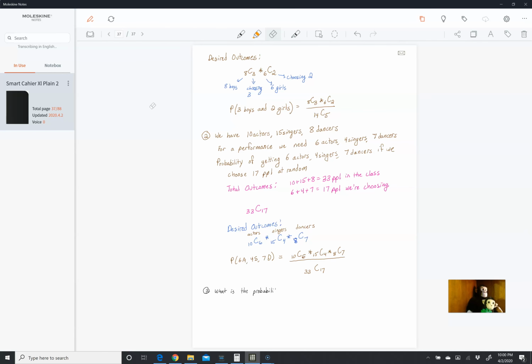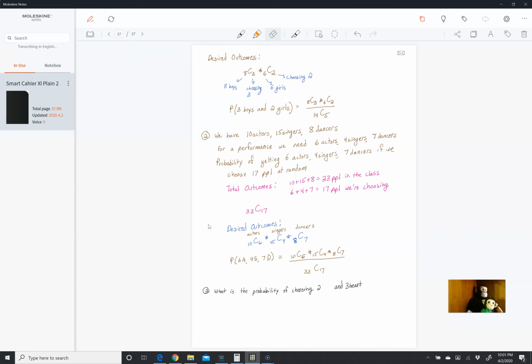Let's say that we want to know what's the probability of choosing 2 aces and 3 hearts. Let's change this to 2 spades.